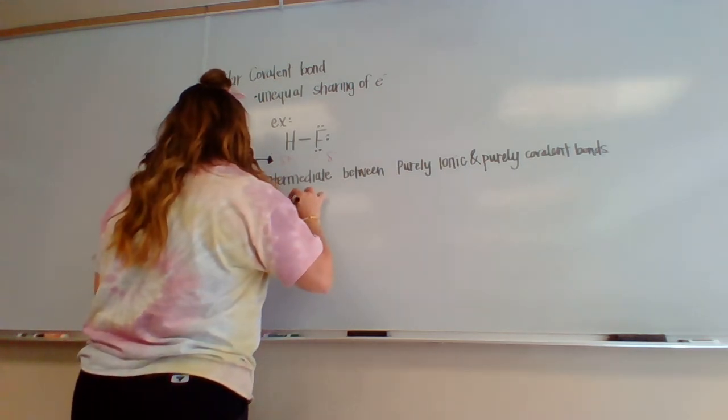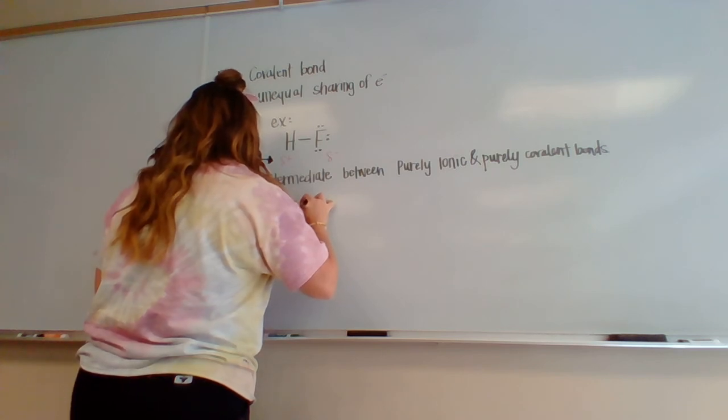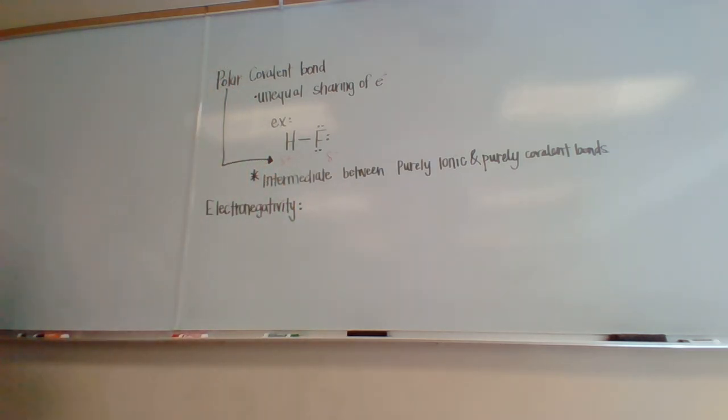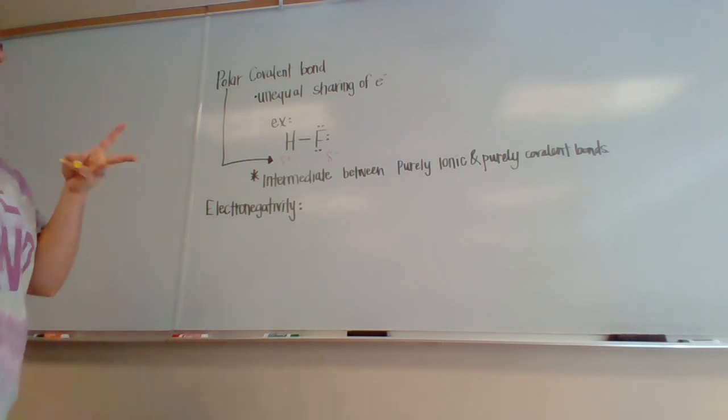All right. Well, how do I know who is going to pull more electrons toward itself and who will just be left there to dry? Electronegativity. So this is another trend on the periodic table that we didn't talk about in chapter 3.